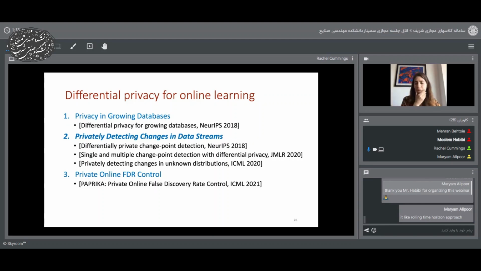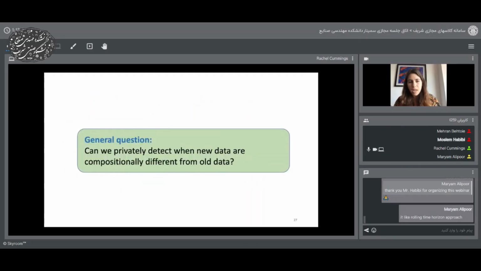And this is actually about 3 separate papers, all on the same topic. So these 3 are going to blend together in this next part of the talk. And the general question is going to be when can we privately identify when the new data are going to be fundamentally different from the old ones?